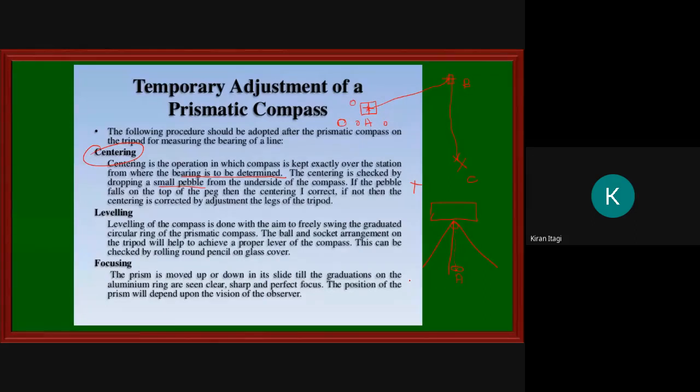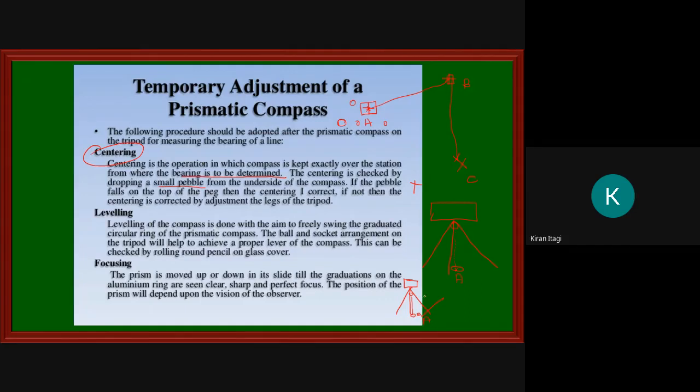Initially, suppose this is your compass tripod, and here there is a station. You take a small stone or pebble and drop it. When you drop it, it falls here, but this is my station.